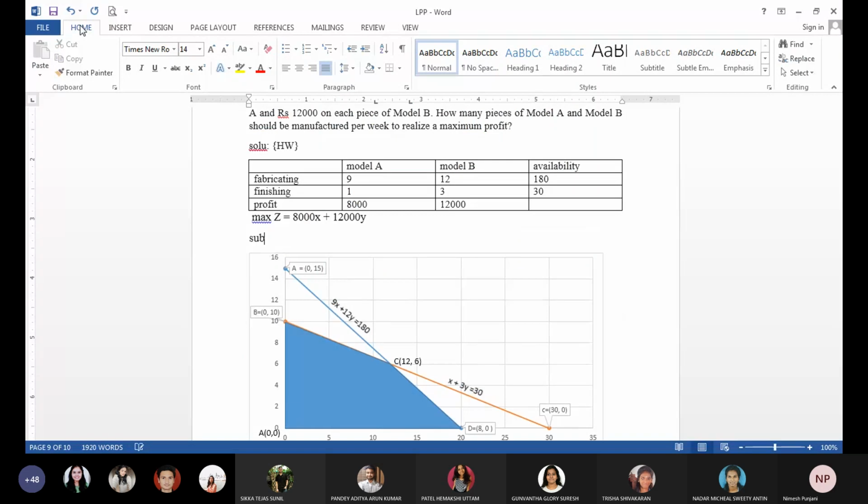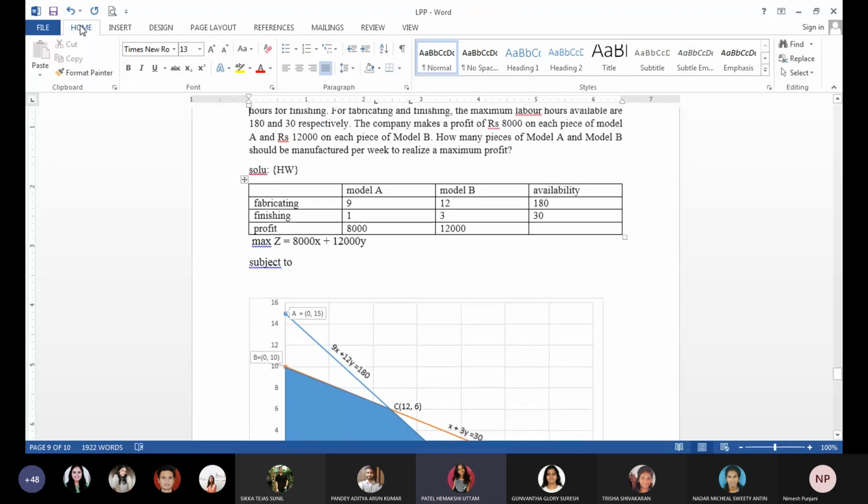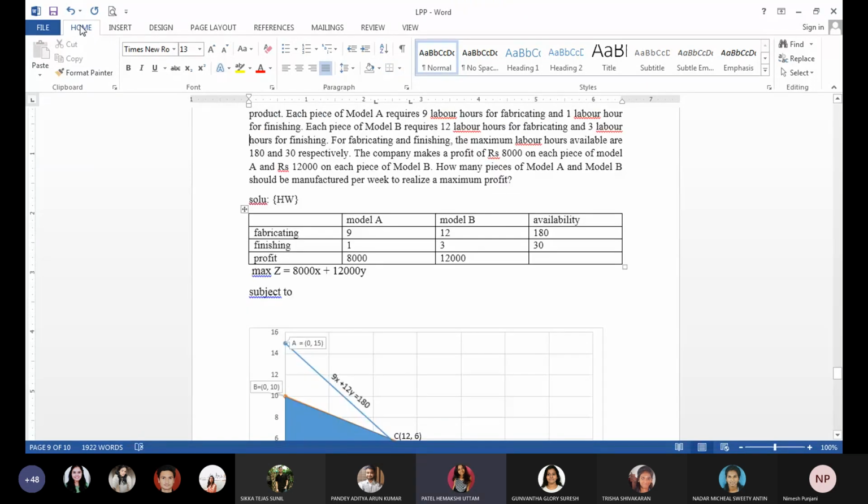Okay, subject to the constraints. Tell me, what are the constraints? 9x plus 12y greater than or equal to 180. 9x plus 12y greater than कि less than?